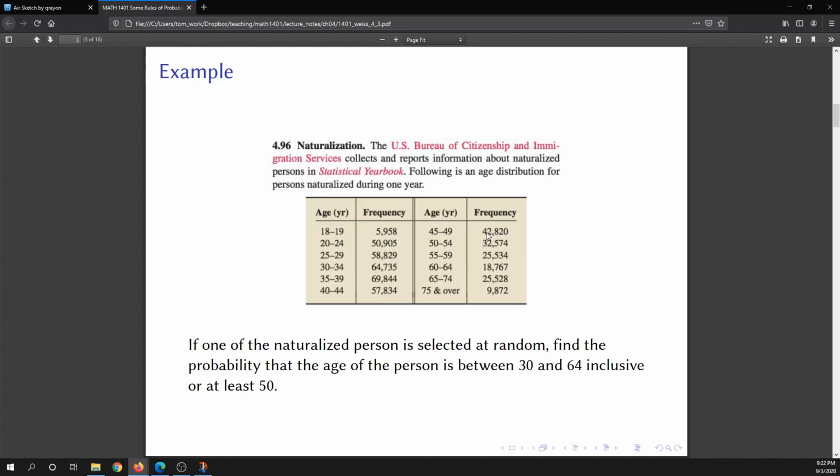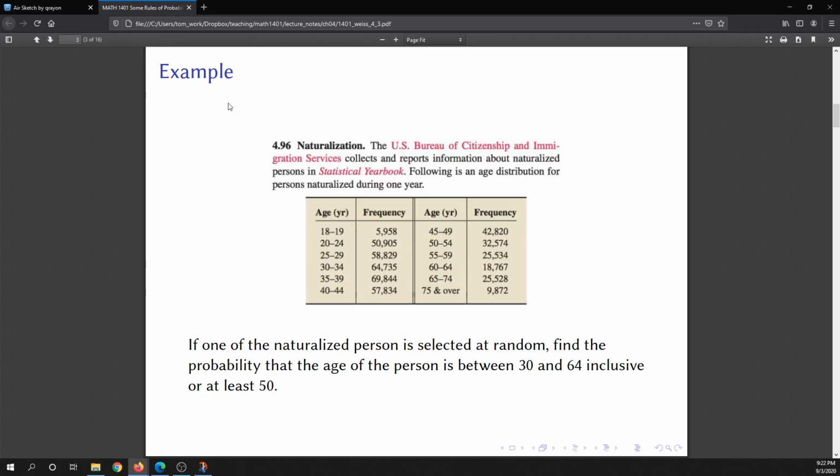So again, these are frequencies, counts. How many people? 5,958 people. So when they give these as frequencies, or counts, whatever you want to call it, the number of people or the number of observations, you're going to have to add them all up and divide by the total number in the sample space.